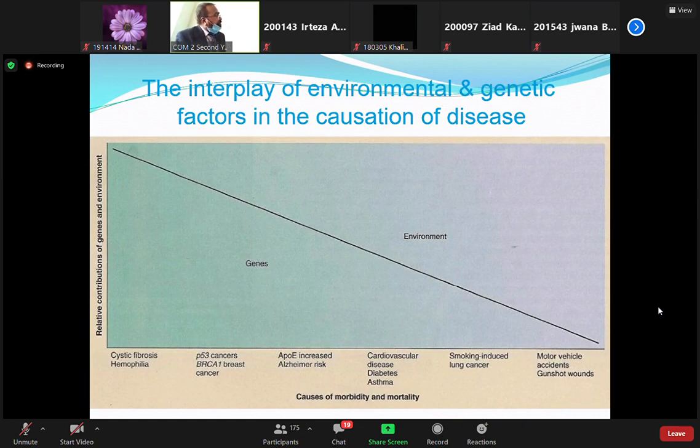Here also, cardiovascular disease, diabetes, asthma. If a person has a family history of heart attack at the age of 45, at 48, at 50, his uncle, his father, his grandfather had a heart attack at this age, and still he is not taking care, he is eating more, he is obese, or even smoking, then the environmental factor is also involved with the genetic one.